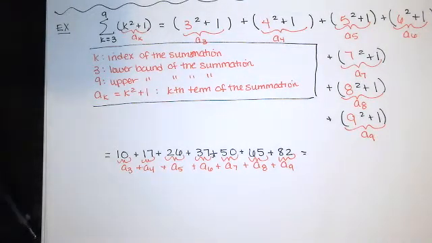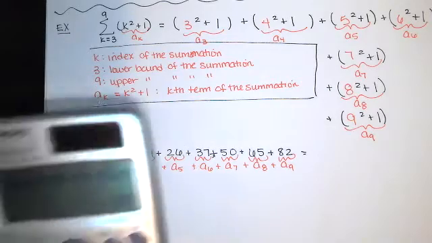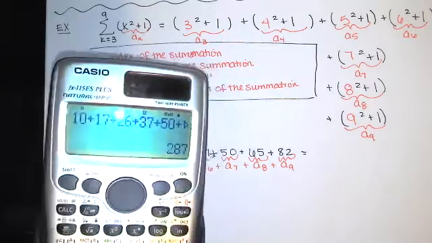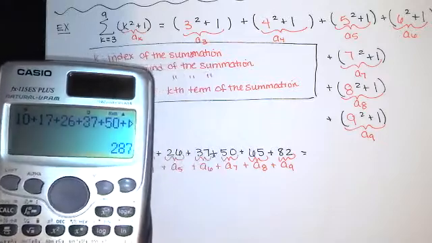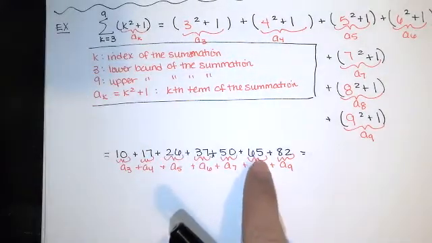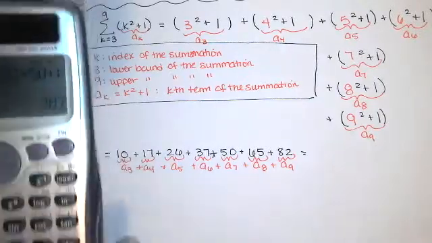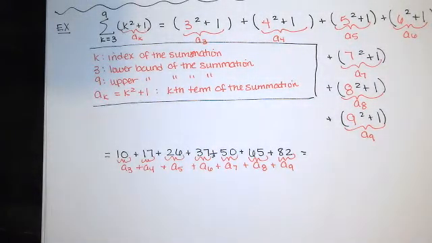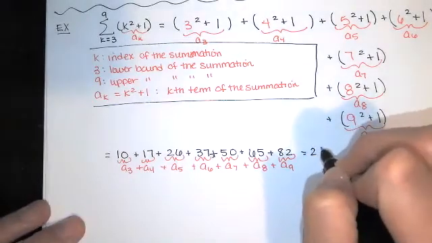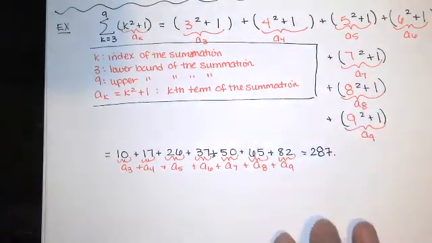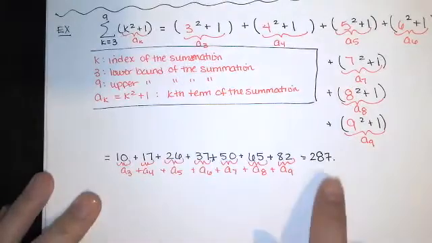Then if I use a calculator for the arithmetic, so I do 10 plus 17 plus 26 plus 37 plus 50, all the way to the plus 65 plus 82. I do all of that and I hit enter. I get 287. So this is just shorthand for 287.